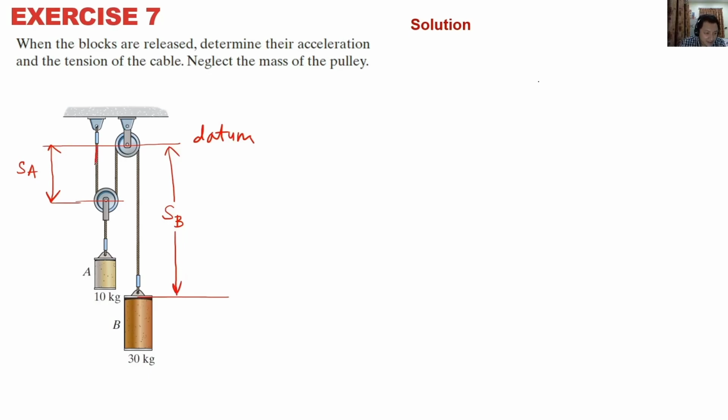So the length of the cable is what this cable, and then it goes up. So length of the cable is equal to SA plus SA. Why? 2 cables. 2 SA. And plus this whole cable going down, plus SB. This one is equal to the length.